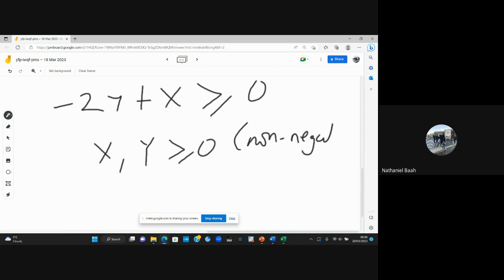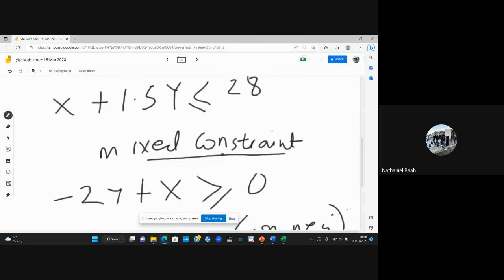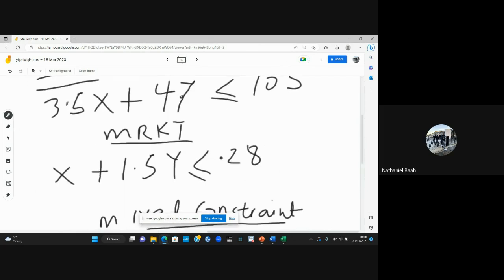Since we are finding the maximum, this will be our non-negativity. Great. So now that we have all our constraints and functions here, let's head on to find the optimum value and the optimum point.